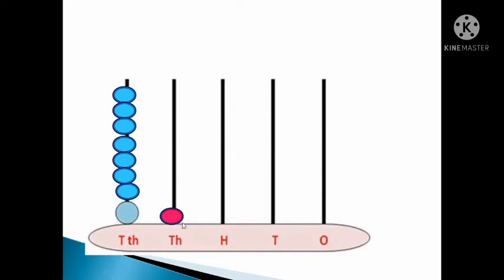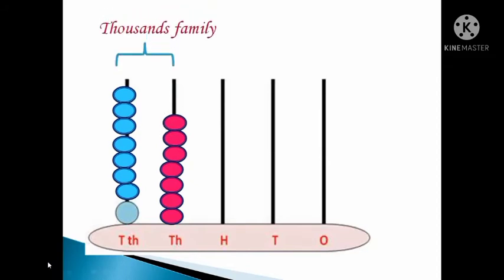So 80 and 1, 81,000, 82,000, 83,000, 84,000, 85,000, 86,000, 87,000. So fifth and fourth place are called the thousands family.